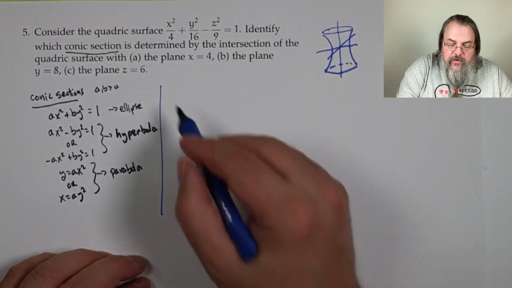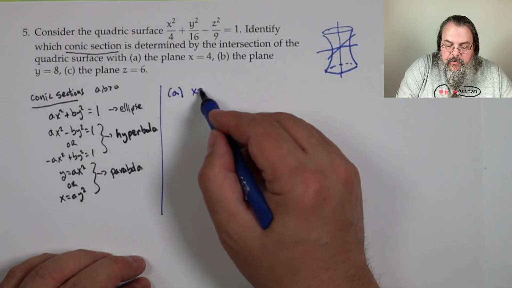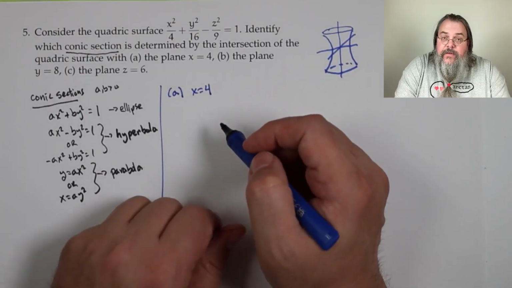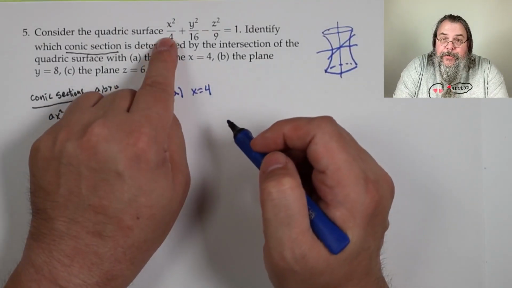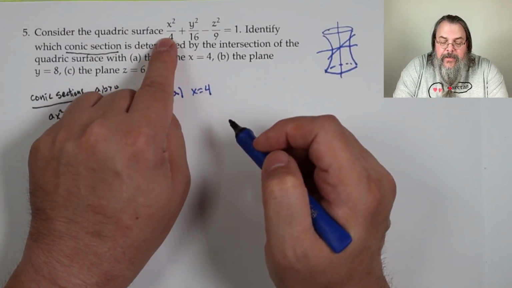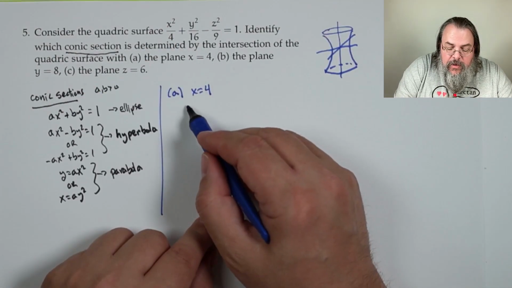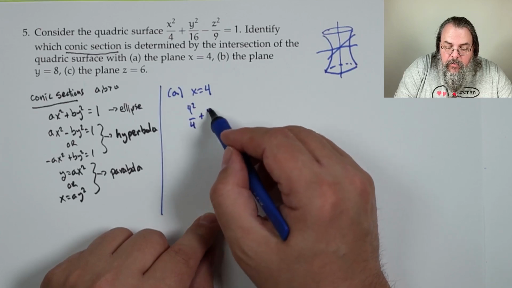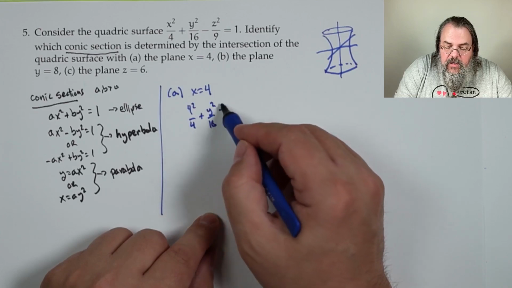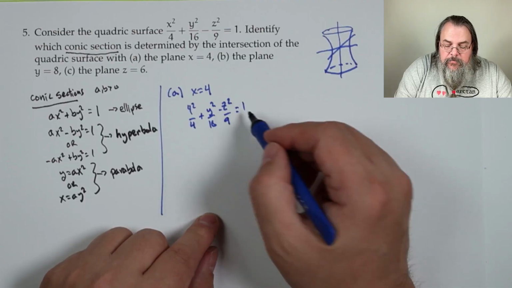All right, so part A, we're doing x equals 4. So how do we do this? Well, the answer is plug in 4. So we plug in 4. And what does that give us? Well, it gives us 4 squared over 4 plus y squared over 16 minus z squared over 9 is equal to 1.